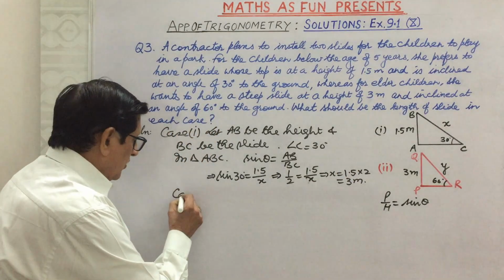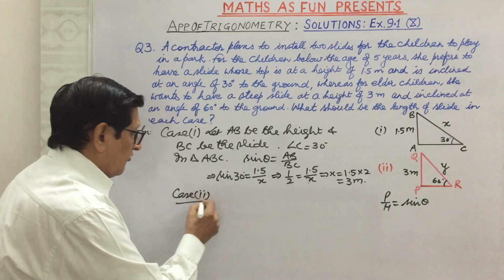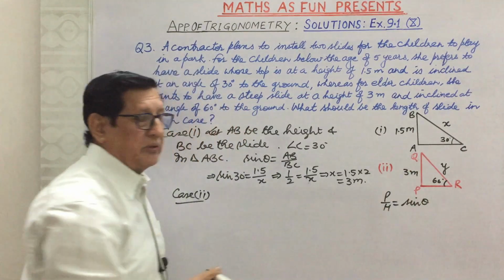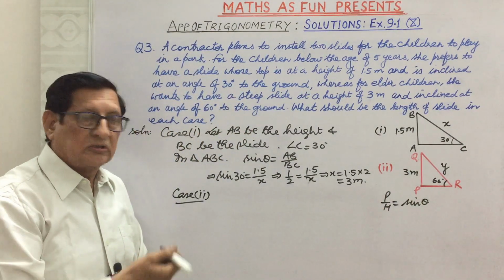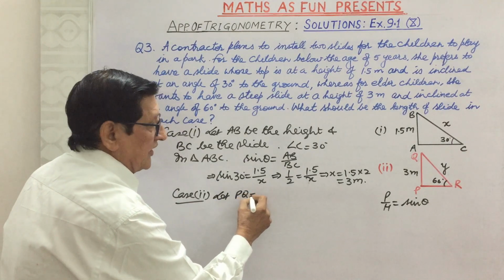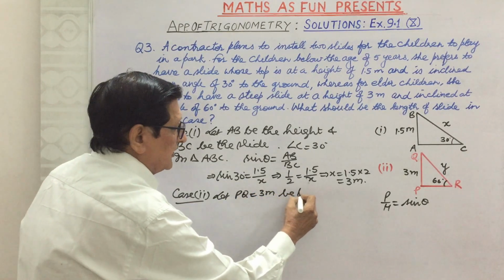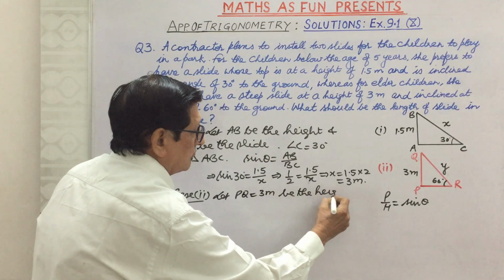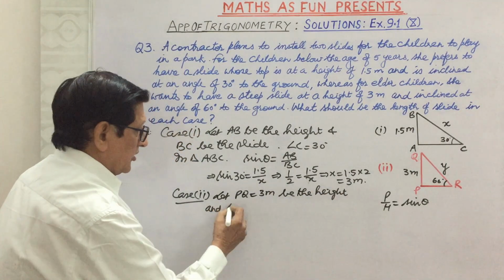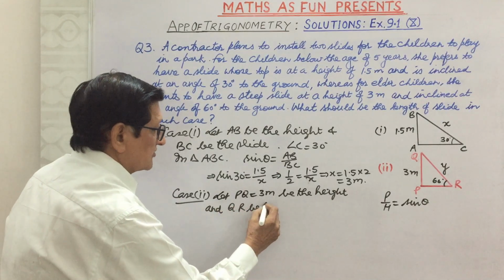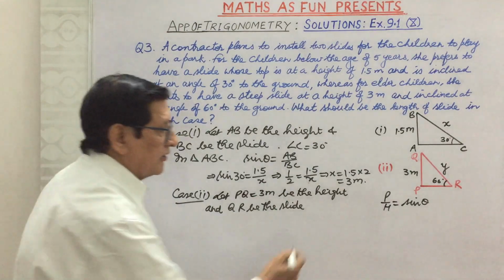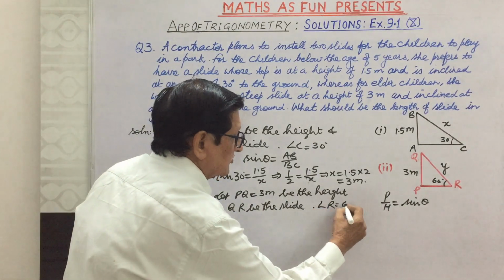In case 2 we consider the height to be PQ and QR be the slide. So we write let PQ, that is equal to 3 meter, be the height and QR be the slide. Here it is given angle R is equal to 60 degree.